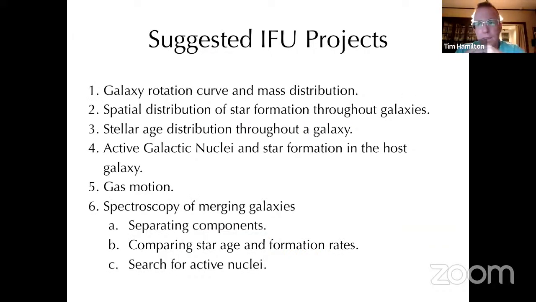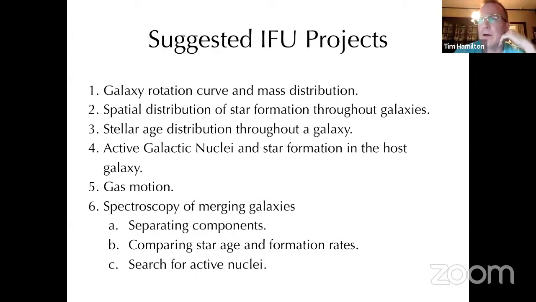Now, there are many kinds of projects that you can do with an integral field spectrograph. Because it combines both spectroscopy and imaging, you can use it for anything that involves either, but the best thing, though, is for things that need both imaging and spectroscopy, because you get everything at the same time.